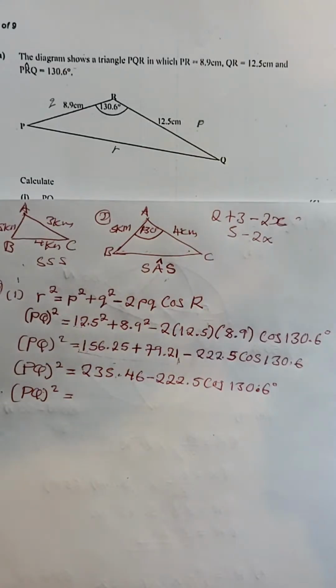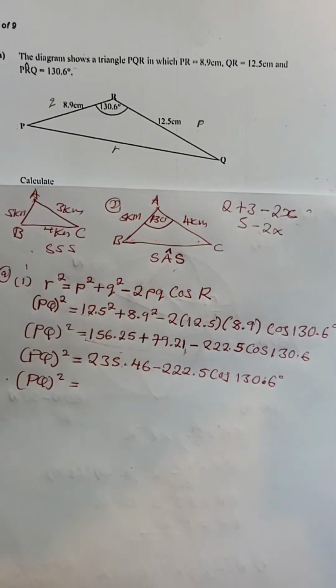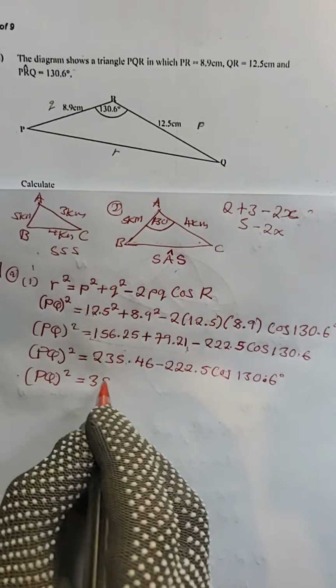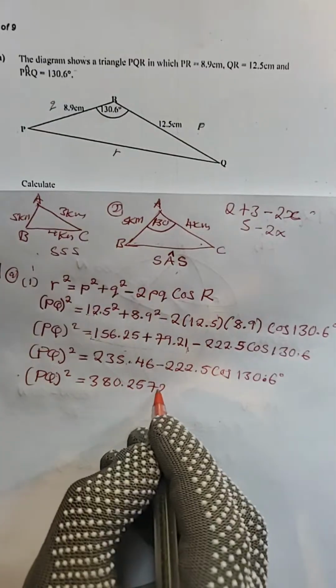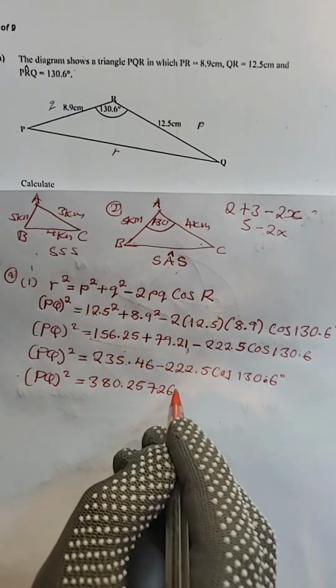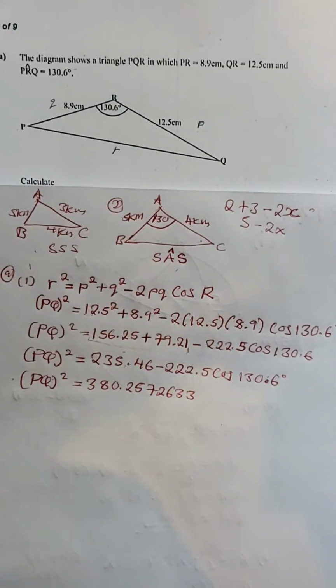So we have 235.46 minus 222.5 cos 130.6 degrees. This is giving me 380.2572633.